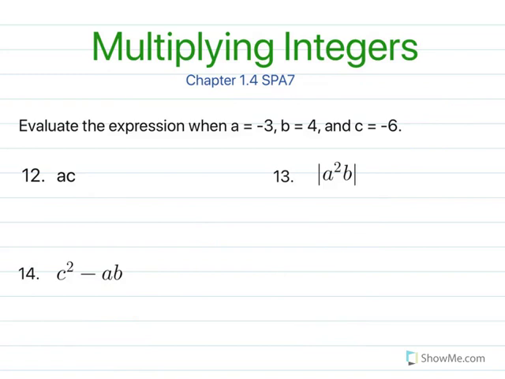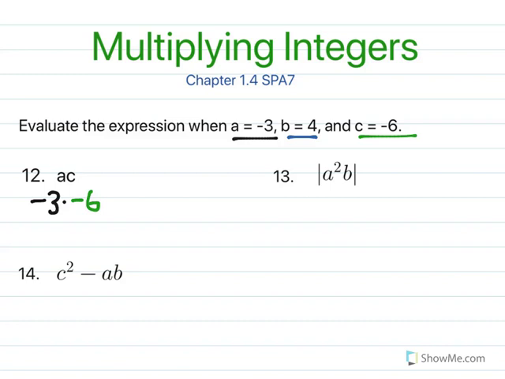All right, so the directions say evaluate the expression when A equals -3, B is +4, and C is -6. So for number 12, I'm going to have -3 times -6.